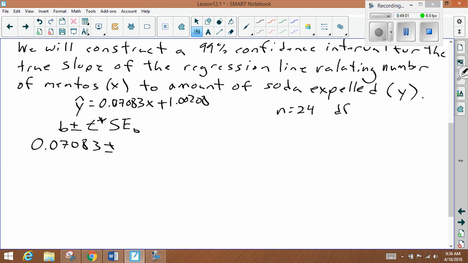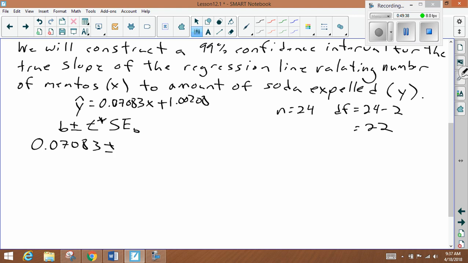So my degrees of freedom, remember, degrees of freedom for our slope is n minus 2. So 22 degrees of freedom.